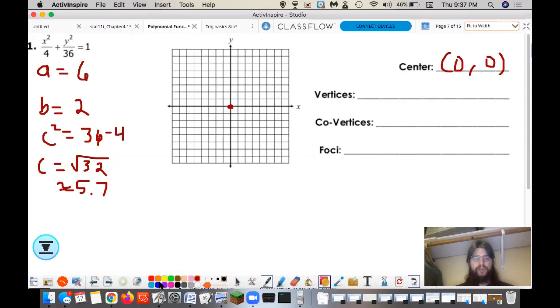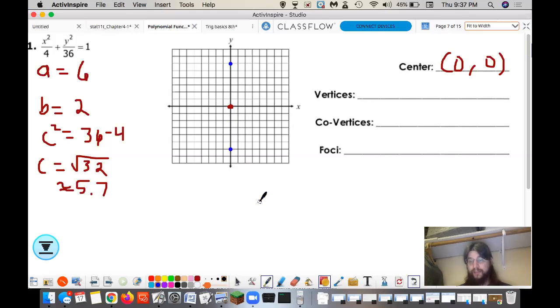After that, you are going to count. A is 6. That means I'm going to go either up, down, left, or right 6. Where is my major axis? Is it horizontal? Is it vertical? It's vertical. So I'm going to go up and down 6 units from my center.